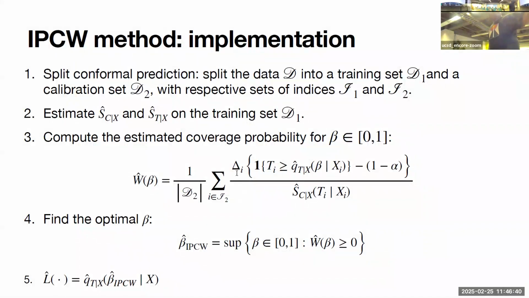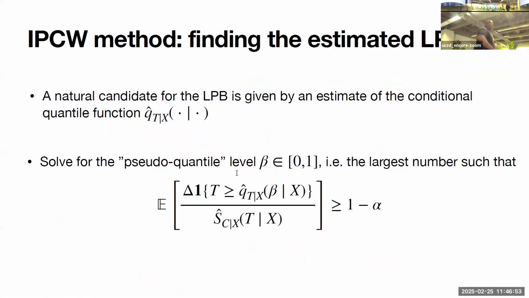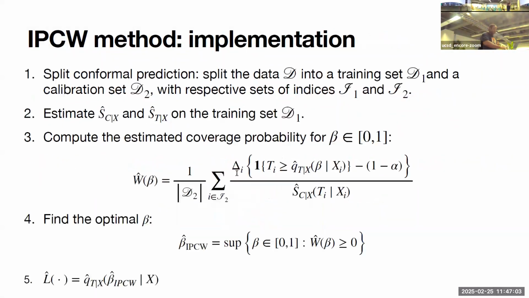Then we compute the estimated coverage probability for beta on a grid of values between 0 and 1. All right, and so this is the moment equation. This expression is an empirical version of this expression, where we've now moved 1 minus alpha to the left-hand side. So we're writing it as a moment equation, because if we do that, then we want to solve for W hat of beta equals 0.